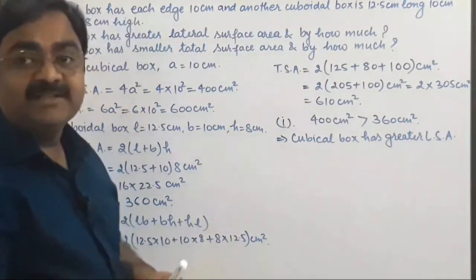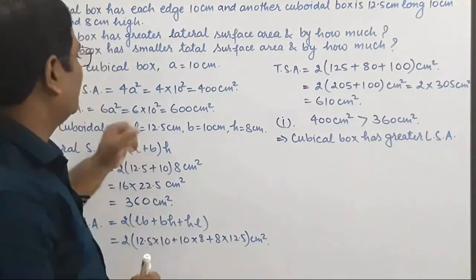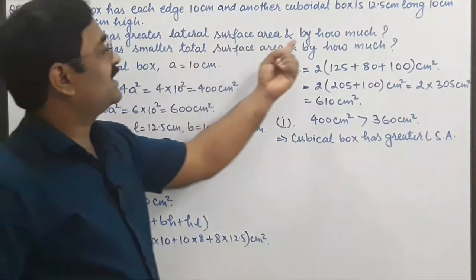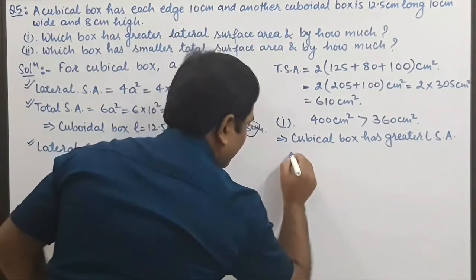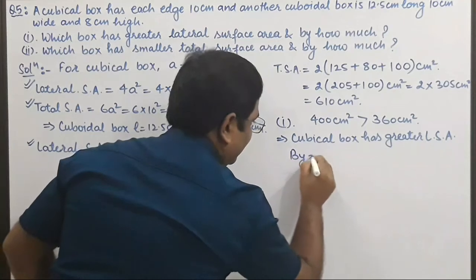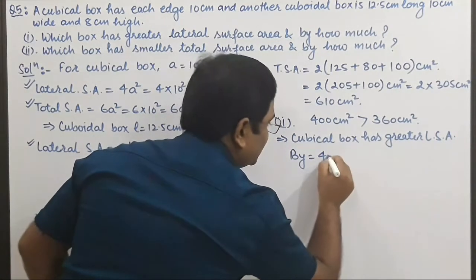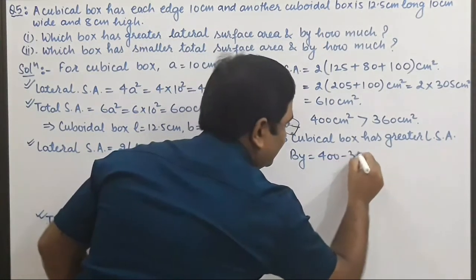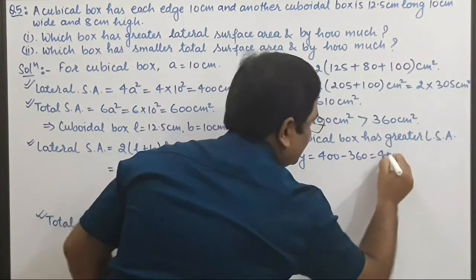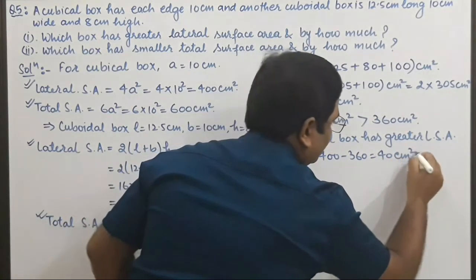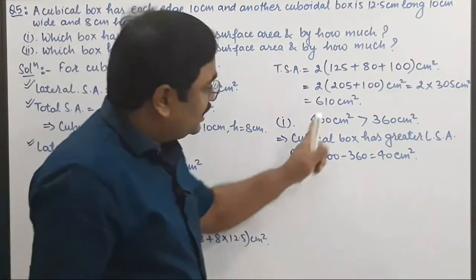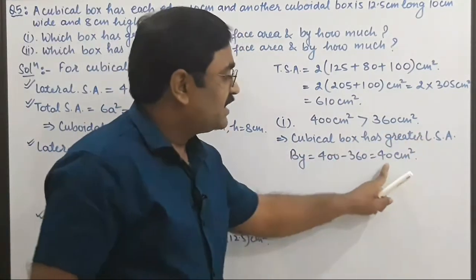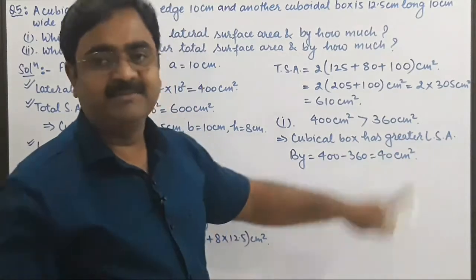Now one more question is asking, and by how much? So by 400 minus 360, which is 40 centimeter square, right? Cubical box has greater lateral surface area by 40 centimeter square.